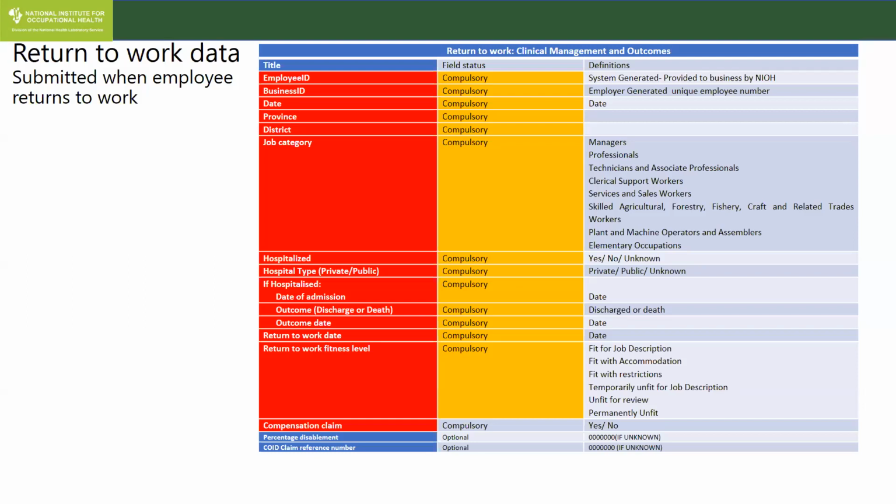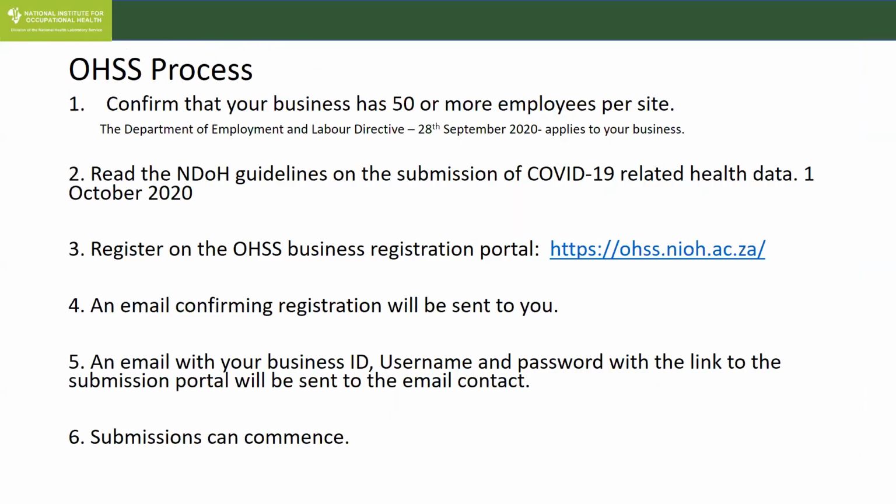And if the person was discharged, when did they return to work, and what was their fitness level on return, and then the compensation claim, whether it was submitted or not. The rest of the information is not compulsory, but if you have it, it would be advisable to fill it in.